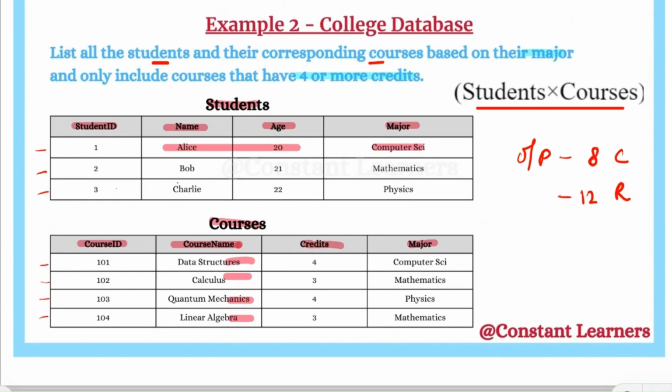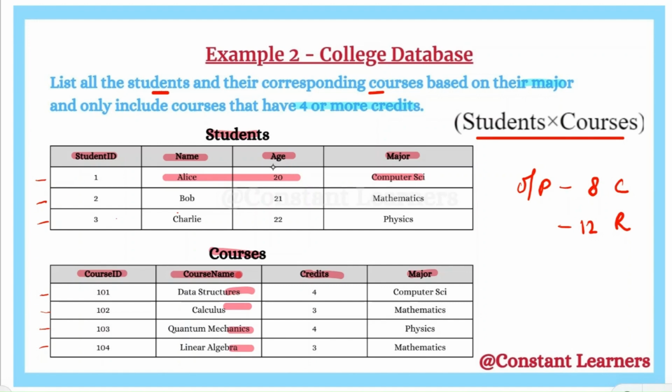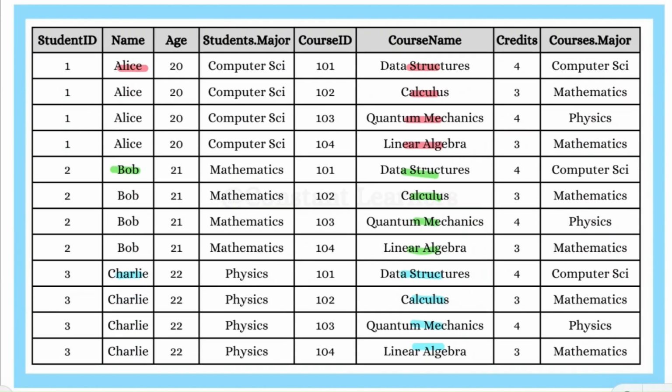Now the criteria is we have to list the students based on their major, right? So see, now Alice already has a major, that is computer science, right? Can she take a course from some other major? No, that is not possible, right? So here Alice has taken computer science, and data structures are also from computer science, right? So this row will be acceptable because the majors of both of these columns are the same.